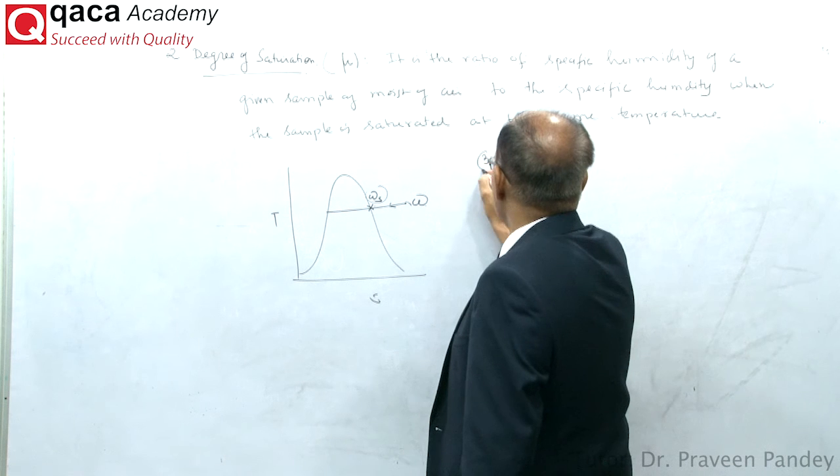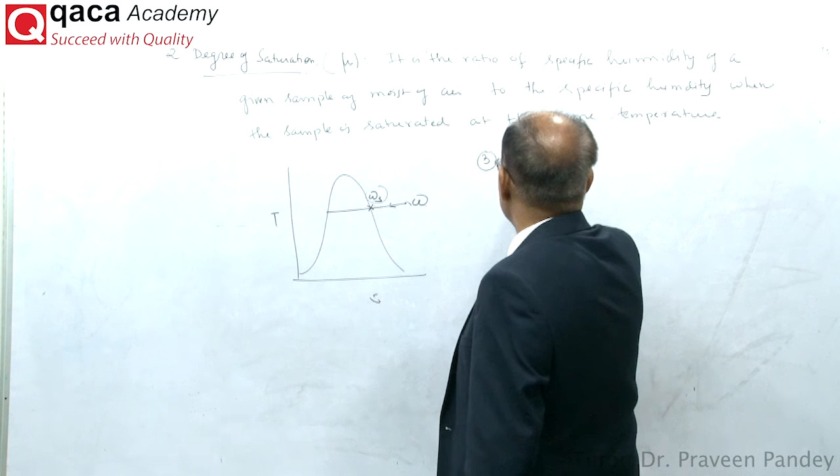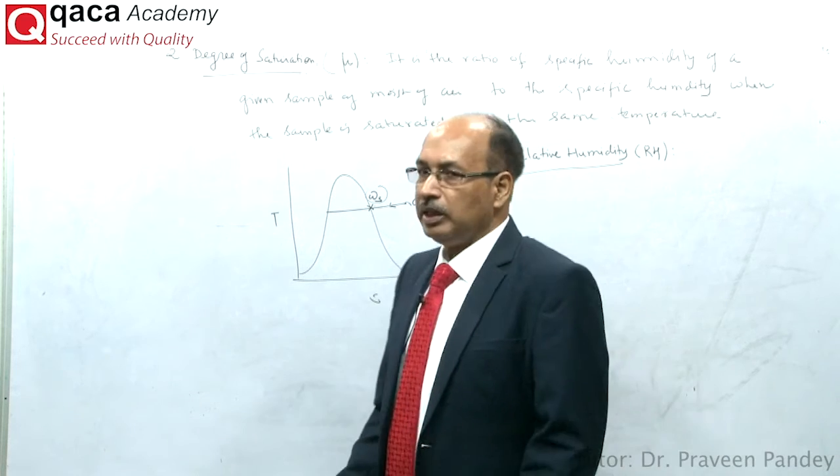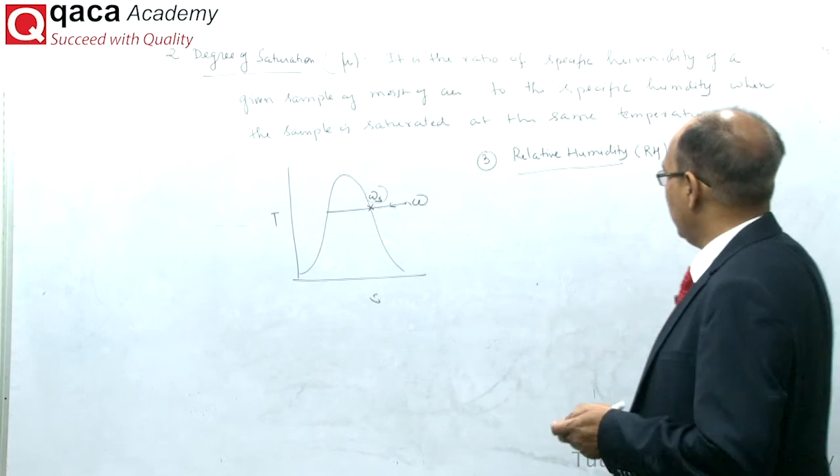The third property is relative humidity, RH. This is similar to degree of saturation, but defined in a different manner.